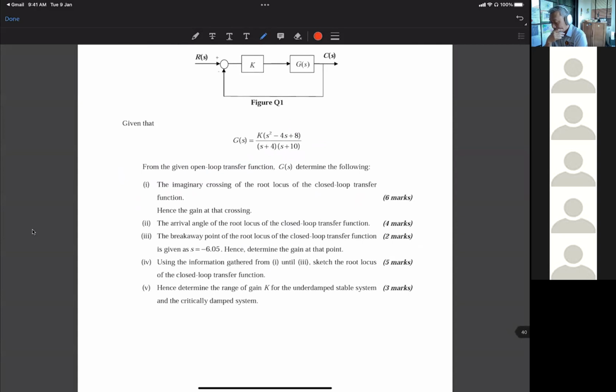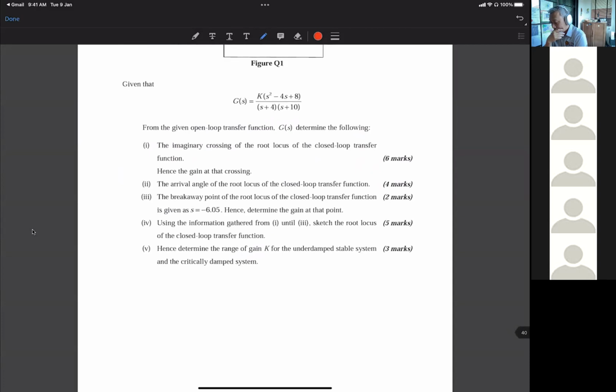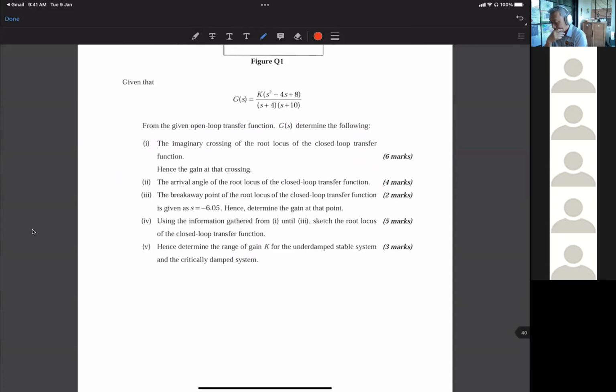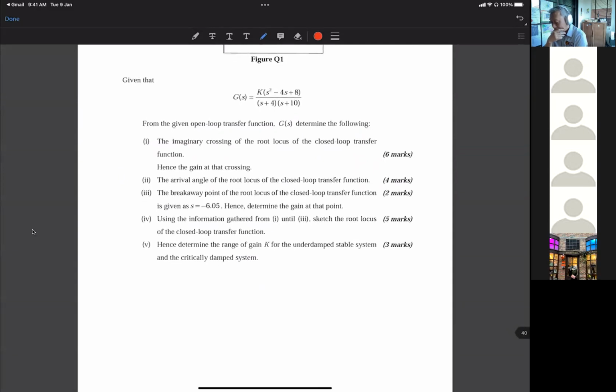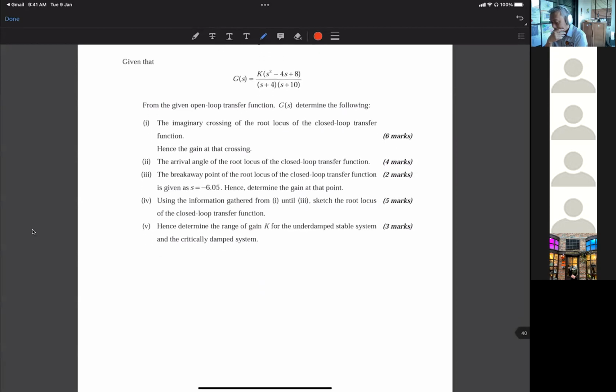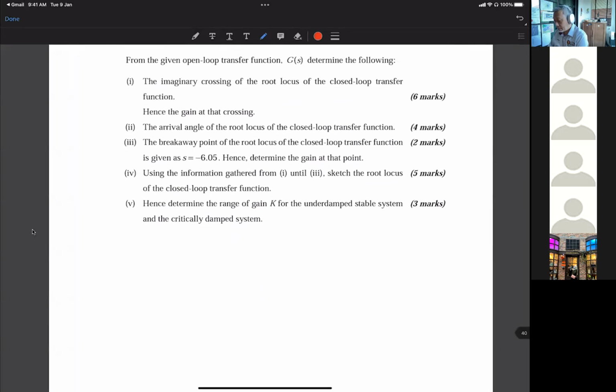The arrival angle of the root locus of the closed loop transfer function. The breakaway point of the root locus of the closed loop transfer function is given as s equals -6.05. Hence, determine the gain at that point. Using the information gathered from 1 until 3, sketch the root locus of the closed loop transfer function. Hence, determine the range of gain K for the underdamped stable system and the critically damped system.